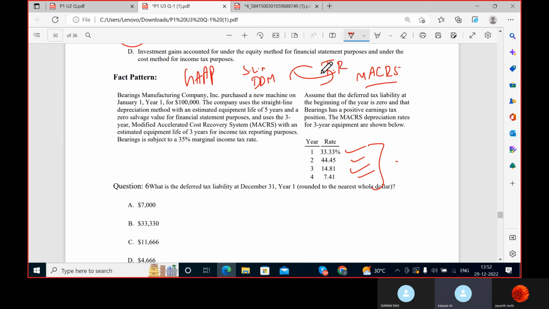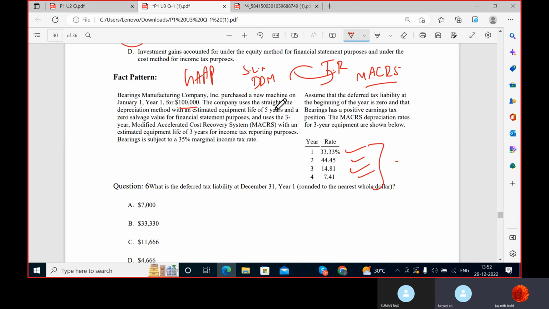So another 5 years. Yeah, no problem. Take your time. I will solve this for you then. See, Bearings Manufacturing Company Inc. purchased a new machine on Jan 1st for this much, correct? And we have to find the depreciation.